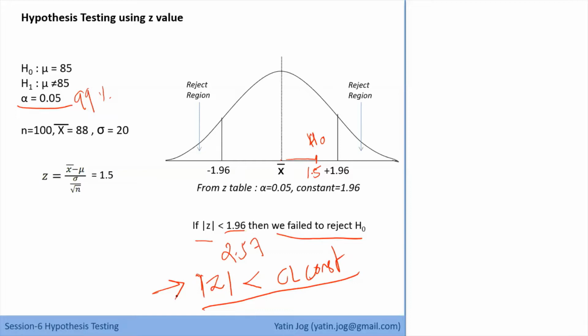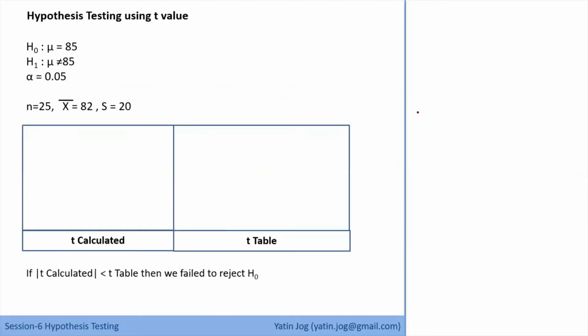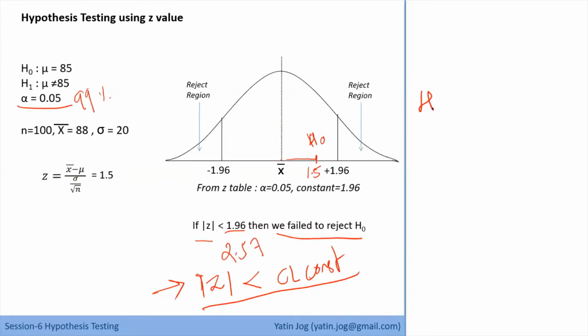What was the rule for the interval estimation method? Whatever your H0 or mu is, if it belongs to the interval of accepted values, correct?